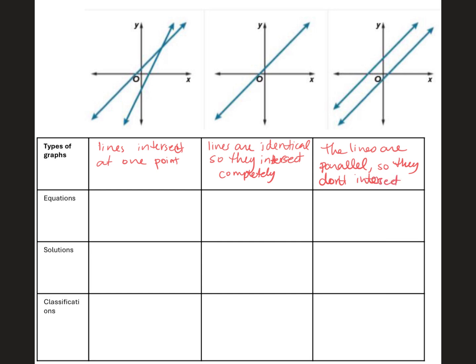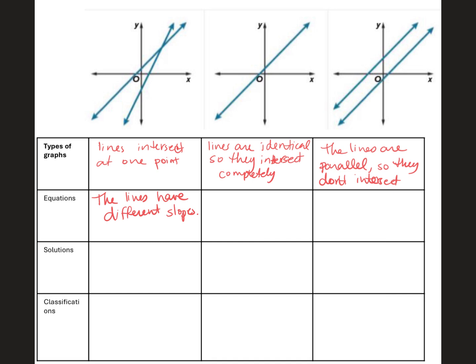Next, you have types of equations. The lines that intersect at one point have different slopes. So if the lines have different slopes, they are going to intersect eventually.